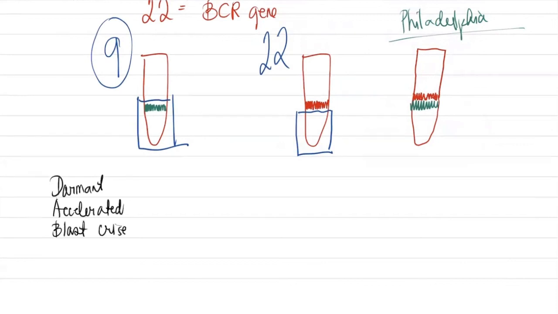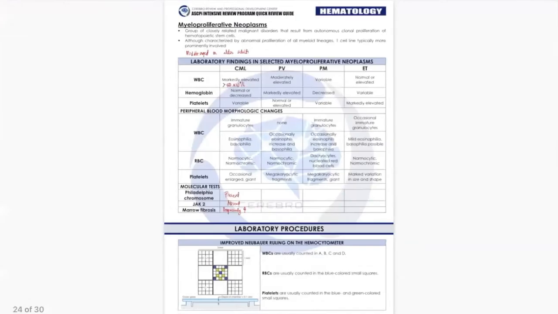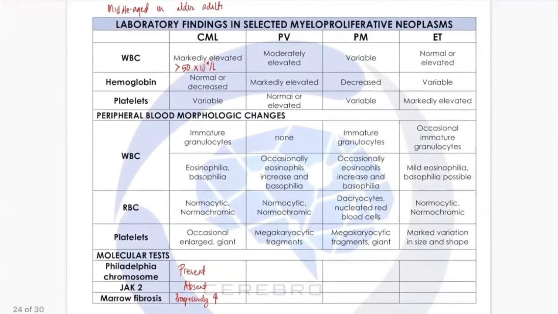So usually pag dormant yung stage, yung blast is less than 10%. Pag accelerated, nasa 10 to 19% na daw. Then pag blast crisis, greater than 20% na yung blast, for the stages of chronic myelogenous leukemia. So take note, yan yung mga findings natin for CML.